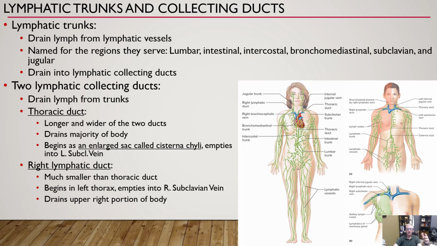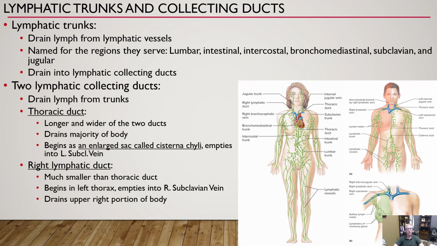So you can see the lumbar, intestinal, intercostal, bronchial, and so on. The lumbar trunk is going to drain the lower limbs, lower abdominal wall, and pelvic organs. The intestinal trunk is going to drain the abdominal viscera. The thoracic duct drains lymph. We'll save that one for a second.